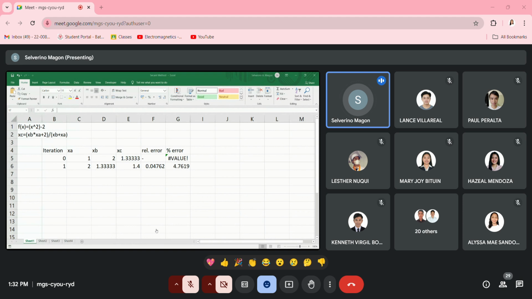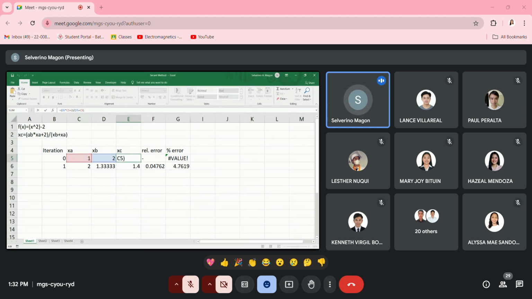All right, so here is an example of an Excel implementation of the same problem. For our initial guess, we have 1 and 2, and then we just plug in the values of x1 and x2. In this case, I use the notation xa and xb, but please don't get confused. This is the first and second interval, and the new solution is at xe right here.